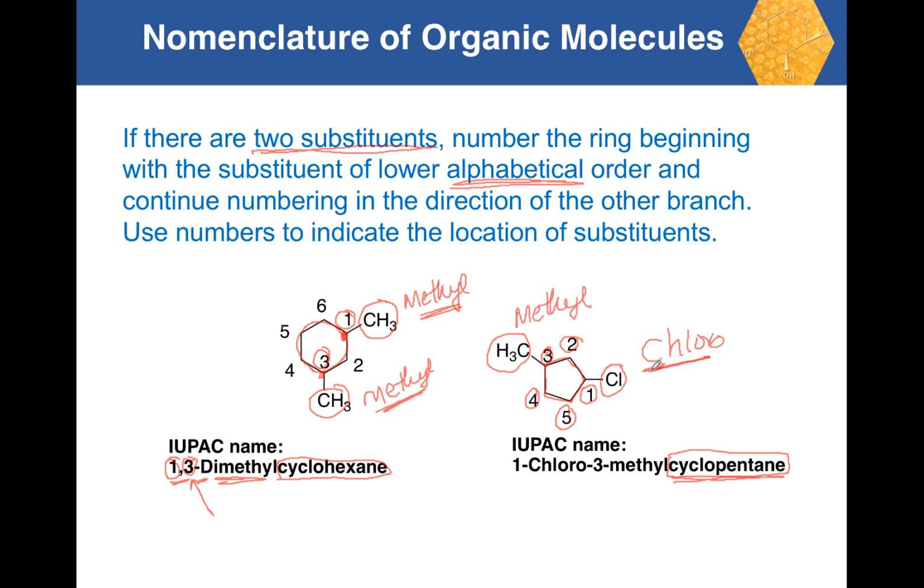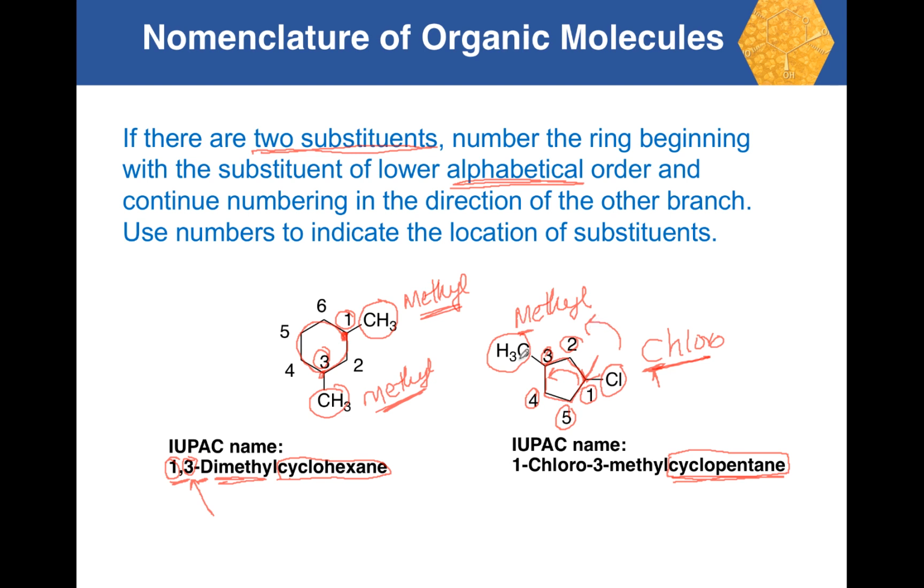So since C comes before M, this gets number 1. And we go in the direction of the branch. So we do not go away from the branch, but in the direction of the branch.